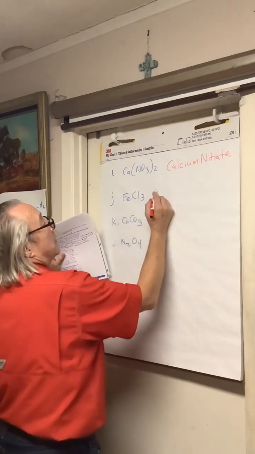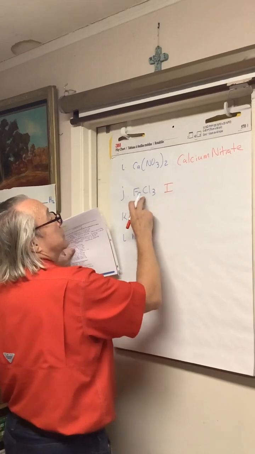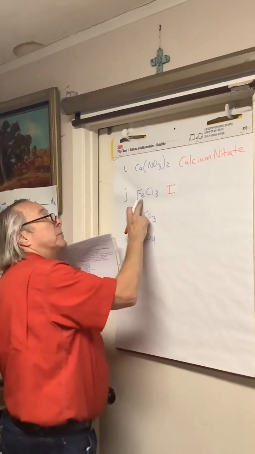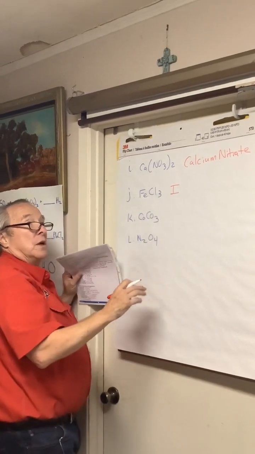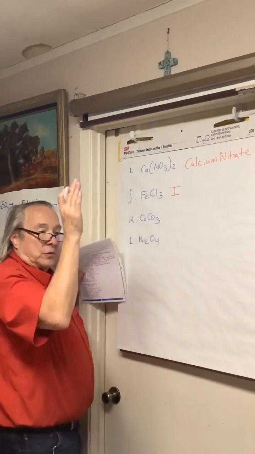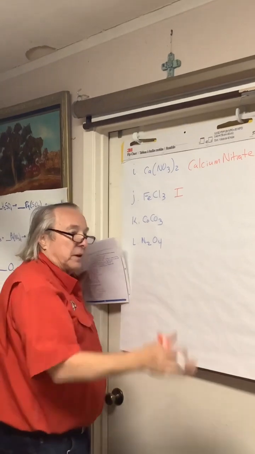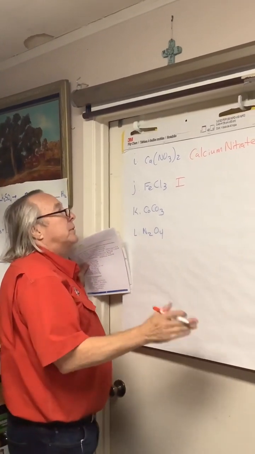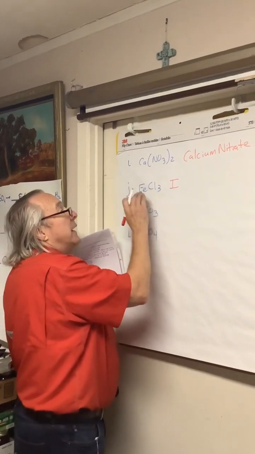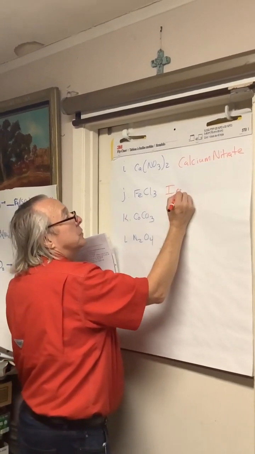This one is iron, but iron can be +2 or +3. This one is obviously the +3 because it's got 3 chlorine -1s. Chlorine is always -1. It's a group 7. It has 7 electrons. At 1 step to 8, it picks up 1. It picks up 1 per chlorine atom, but iron can be a +2 or a +3.